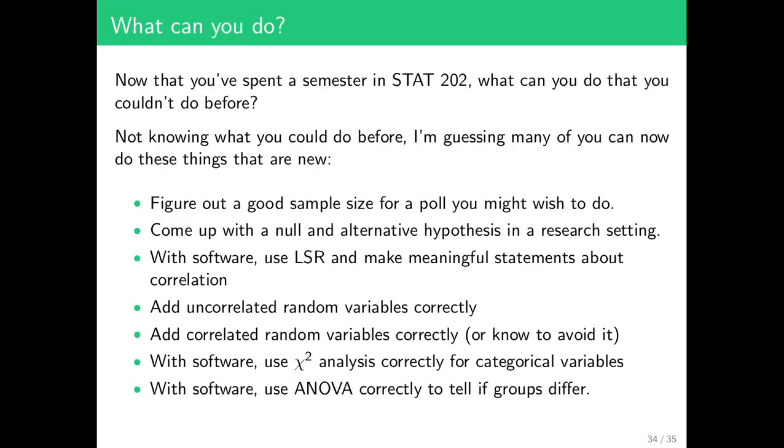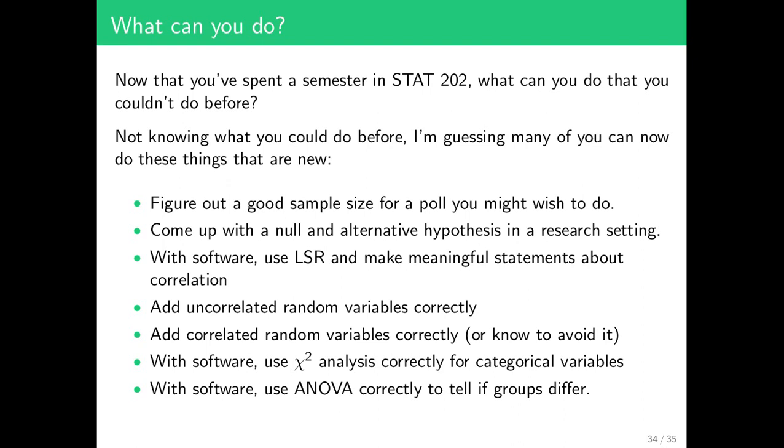Now that you've spent a whole semester in Stat 202, what can you do that you couldn't do before? Students come from different backgrounds, so I can't conclusively answer this, but I suspect that many of you can do the things bulleted below and probably couldn't do them before you entered the class. For example, figure out a good sample size for a poll you might wish to do.